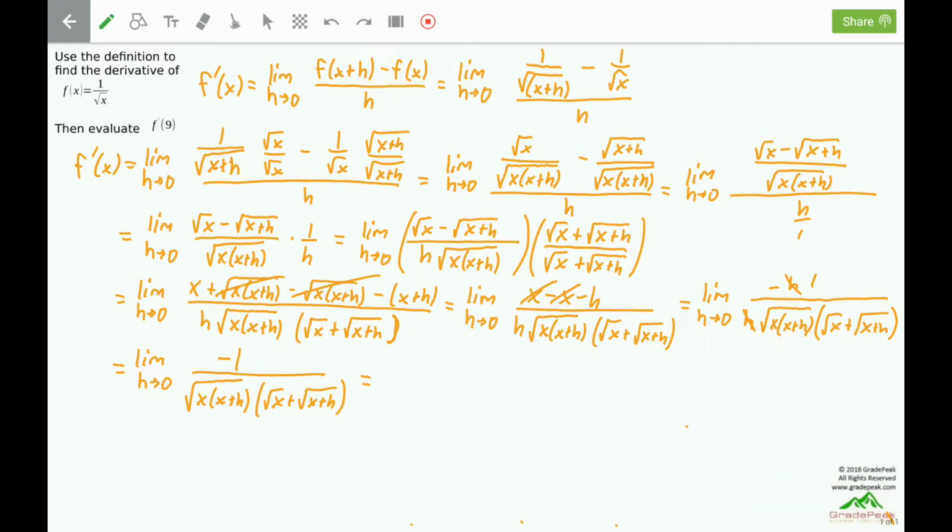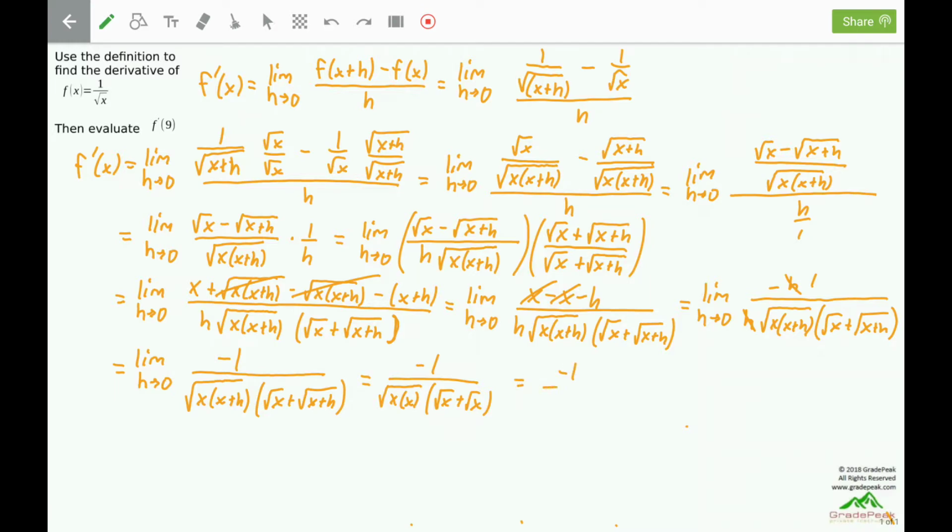If I put a 0 into the remaining h's, I will have a negative 1 over the square root of x times an x plus a 0, which is just an x. All of that times the square root of x plus the square root of x plus a 0, which is just an x.